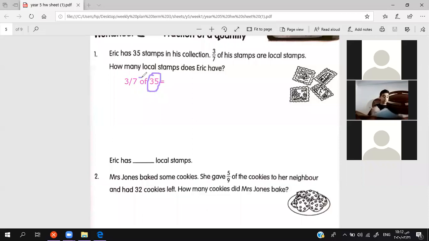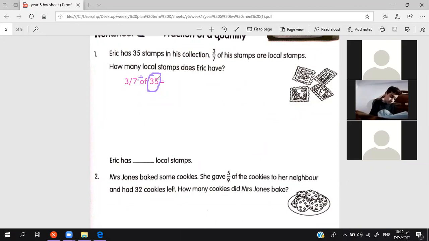So I say what times 7 is going to give me 35? Definitely it's a 5. So when I divided the quantity or number I have with the denominator it gave me a 5.